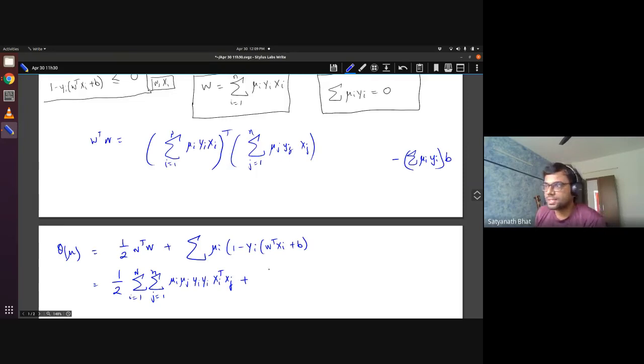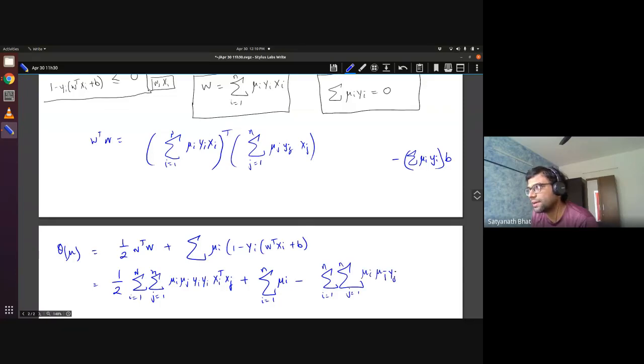Okay, so let us expand this. There will be a term like summation mu i going from 1 to n, minus mu i yi W transpose xi. W is nothing but this. So if we expand that, we will get double summation as before, i equal to 1 to n, j equal to 1 to n, mu i, mu j, yi, yj, xi transpose xj.